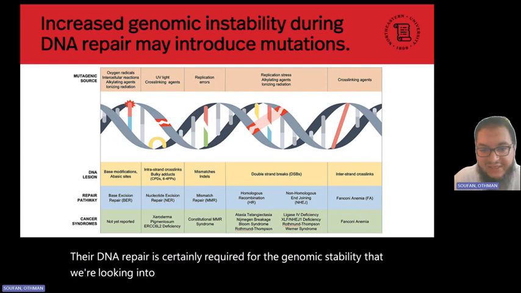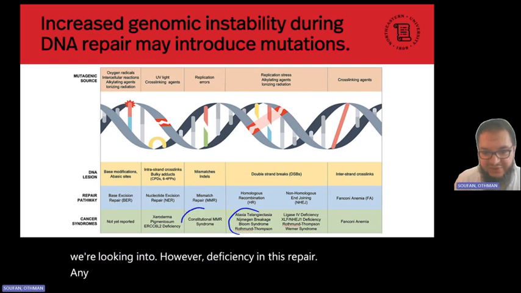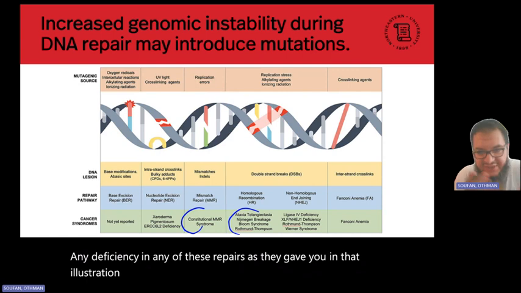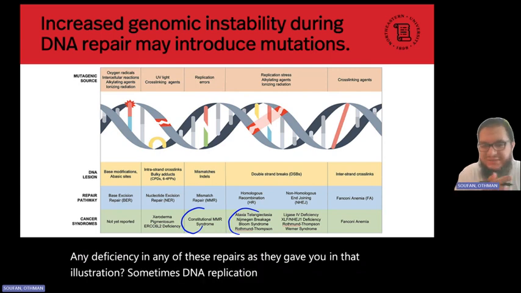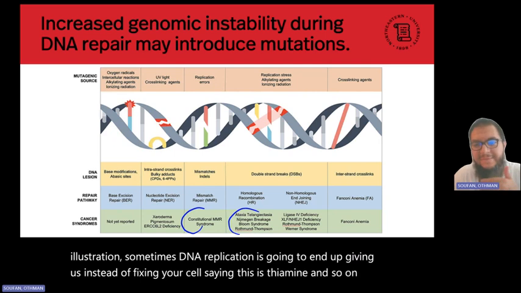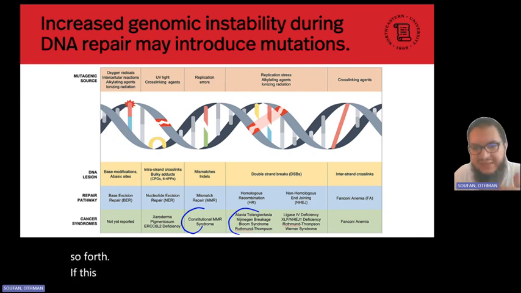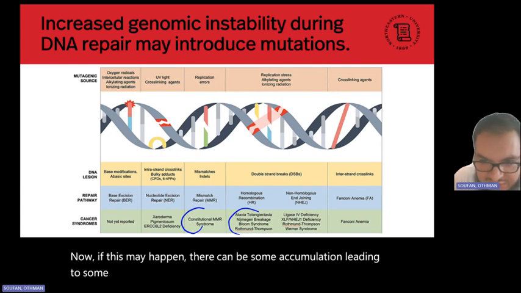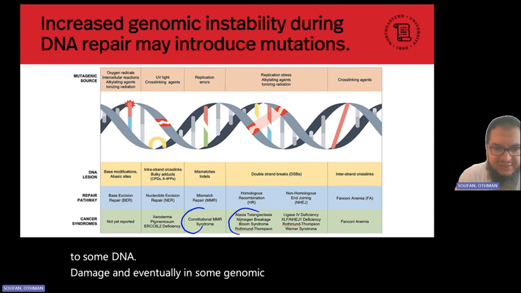However, any deficiency in any of these repairs, as I gave you in that illustration, may sometimes lead DNA replication to end up, instead of fixing uracil, saying this is thymine, and so forth. Now, if this happens, there can be some accumulation leading to DNA damage and eventually some genomic instability, okay?